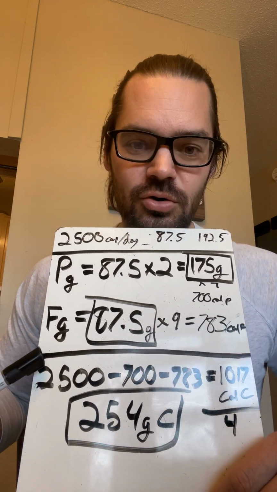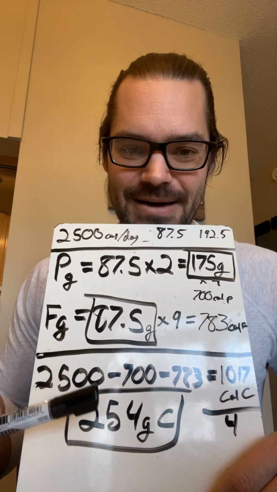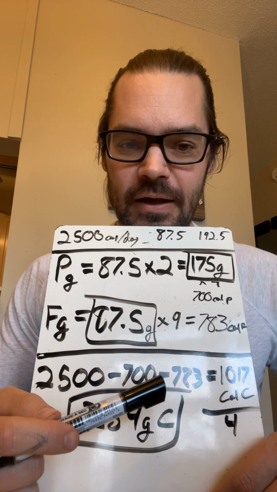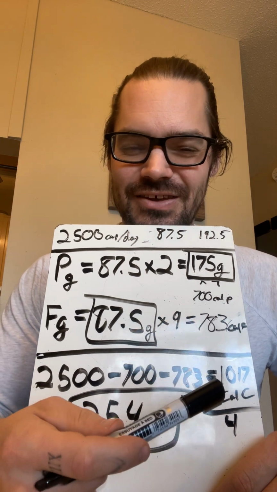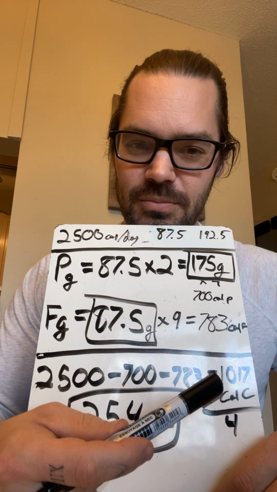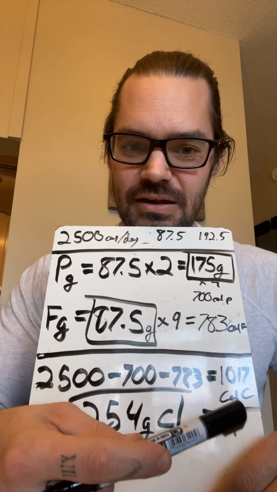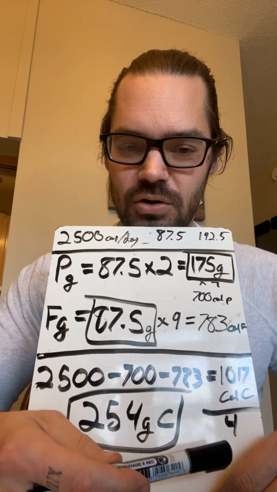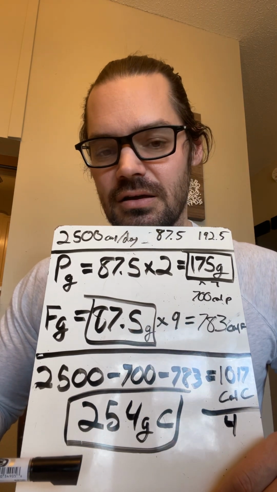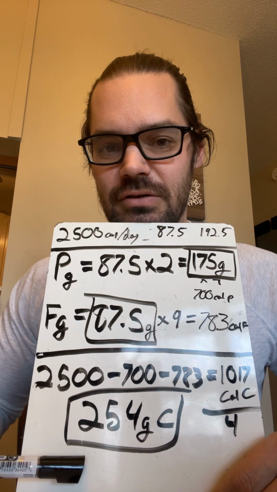We take our total calorie needs minus our calories from protein minus our calories from fat, gives us our total calories left for carbohydrates. We divide that number by 4 and we get our estimated daily grams of carbohydrates.